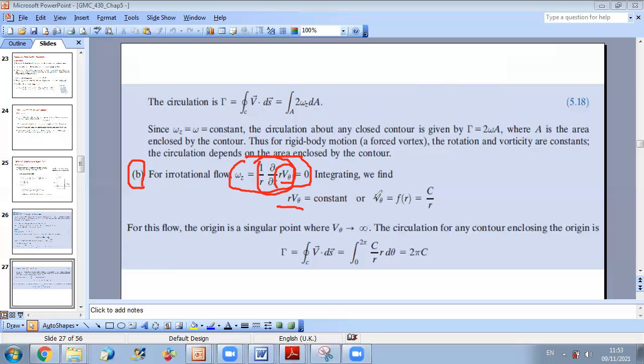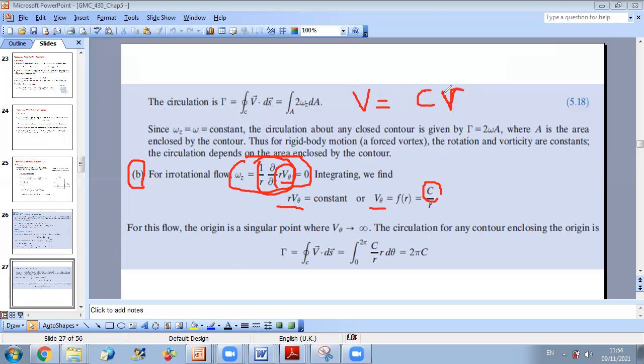And since V_theta, in the definition of the problem, is only a function of r, then we should have V_theta in the form of a constant over r. So V_theta, as you can see here, if you have rigid body motion, will be a constant times r, omega times r, sorry.